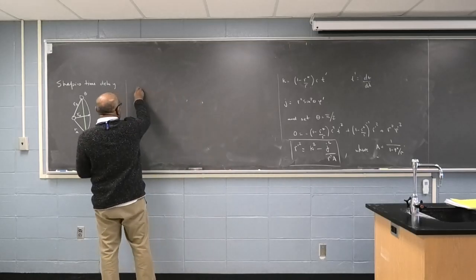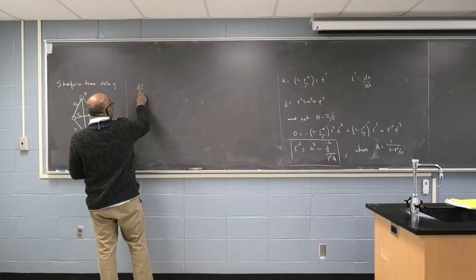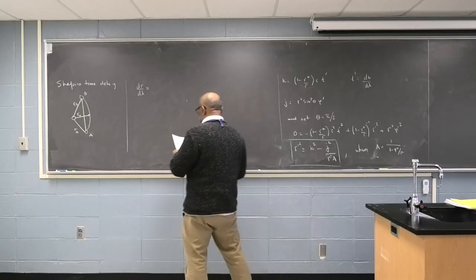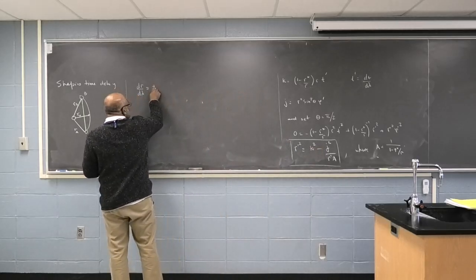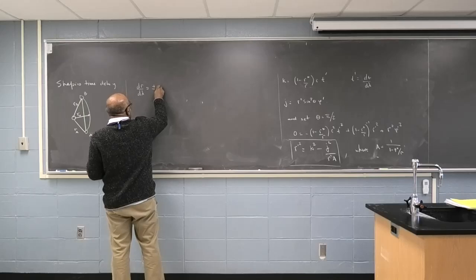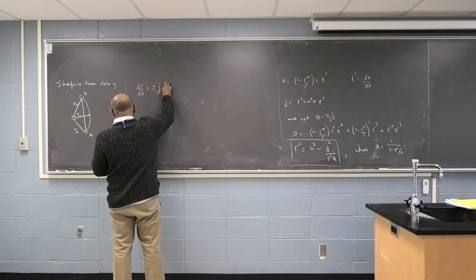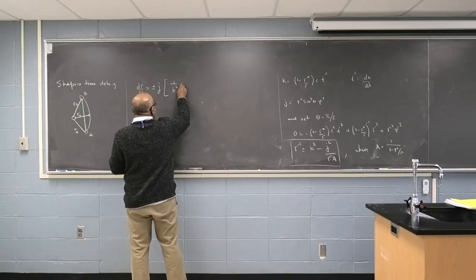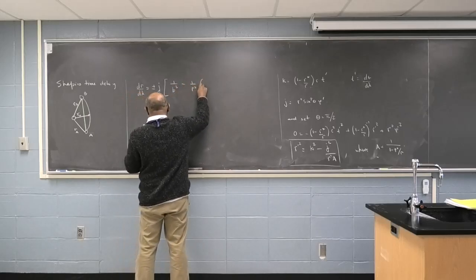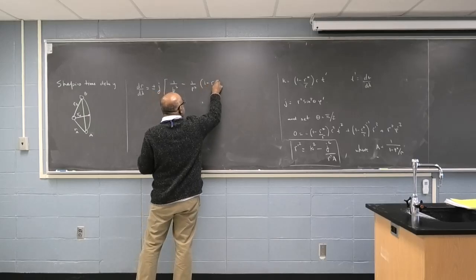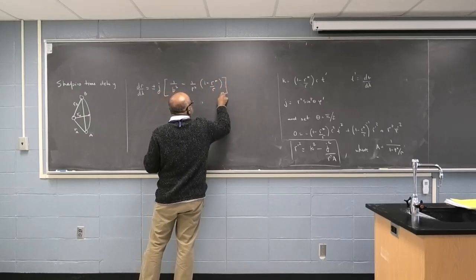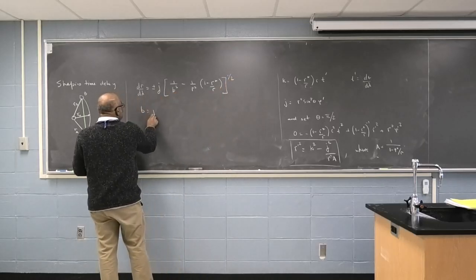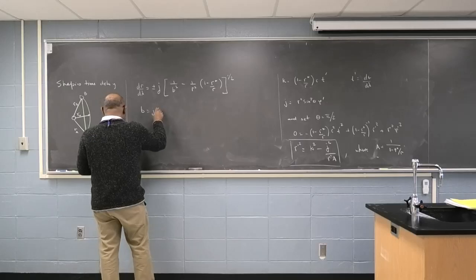So right over there, dr d lambda, we'll just take a square root and bring out convenient factors. As I take a square root, there's a plus or minus, and this J makes it easier for analysis: kappa times the square root of b squared minus 1 over r squared, times 1 minus r star over r, where b is J over kappa.